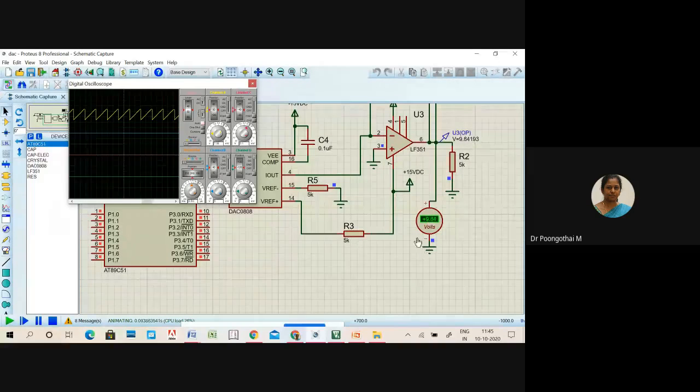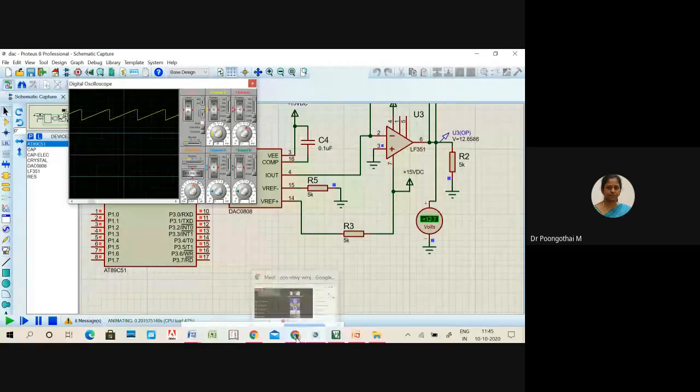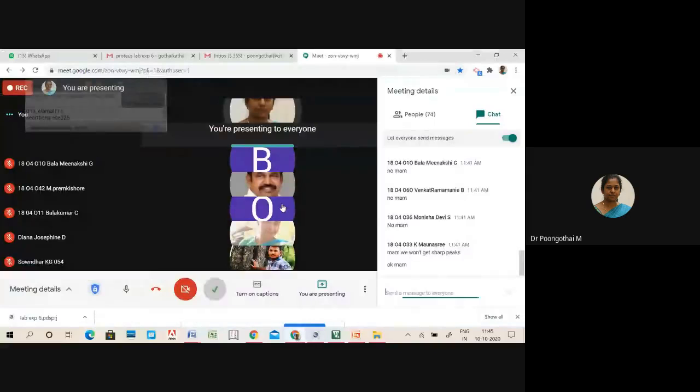So here you can see the maximum value is 9. Sometimes it will be around 12, 15 also. So any doubts about the sawtooth waveform generation?